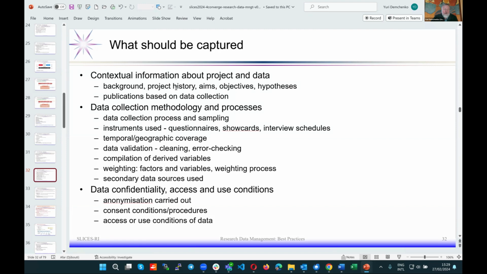So background information, including the project, including also publications. After that go different aspects related to the instruments used. Also, if you do experiments, the documenting of environment, possibly geographical coverage, and so on. And next goes some information collected and produced during data processing.